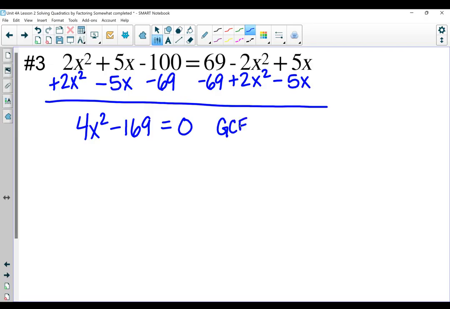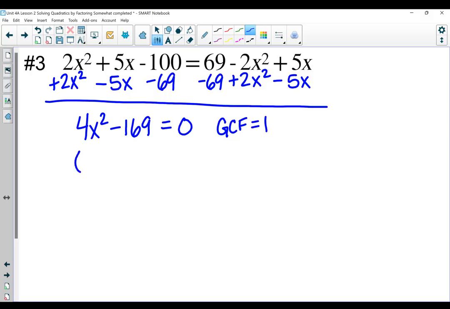My GCF for this is 1. Not helpful, but always worth a look. Might make it easier for you. I noticed that this can be written in the form a squared minus b squared, so I'm going to apply the special case of difference of squares.